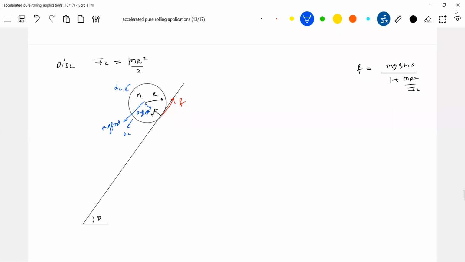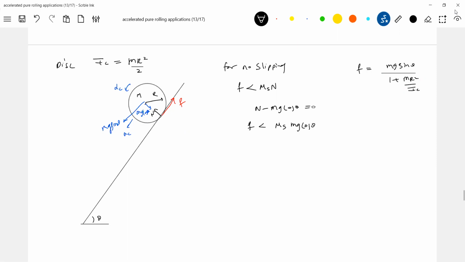Okay, let's come to this one. Now, for no slipping, what should F be? F should be less than mu_s N, no? And what is N? N minus mg cos theta equals 0. So F should be less than mu_s mg cos theta.